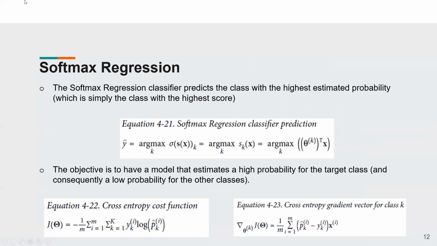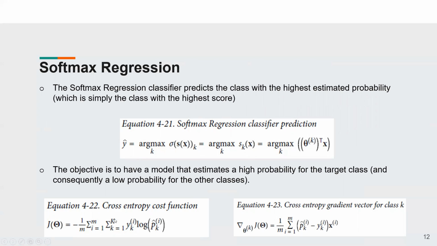Okay, the objective in this case is to have a model that estimates a high probability for the target class and consequently a low probability for other classes. So you leverage something called the cross entropy cost function.